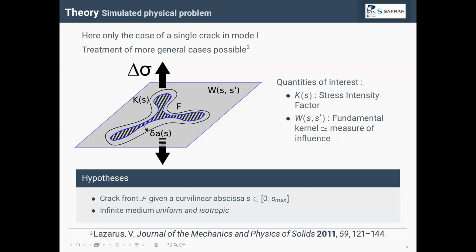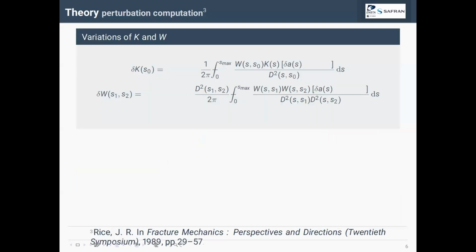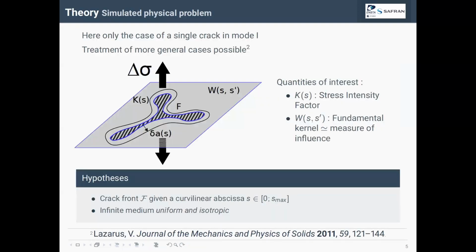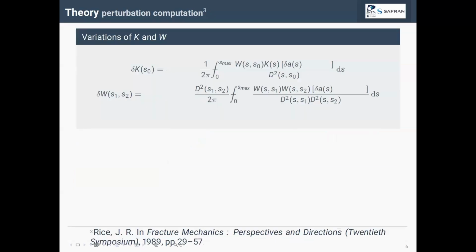The idea is that, given some small perturbation of the crack, a small advance delta A along the crack front, you can compute the variation of stress intensity factor and W along the whole crack. It's only an integral along the contour of the front, and in this integral, there is only W, the stress intensity factor and the advance.